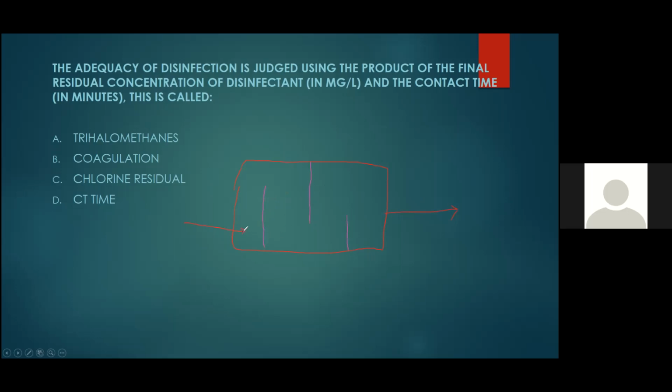Now the water has to travel further, and it increases contact time. So a question you might come across is how can you increase CT time? You either slow the water down to have more contact, or have more chlorine residual. CT time takes into account chlorine residual and the amount of time the water is in contact with the disinfectant.